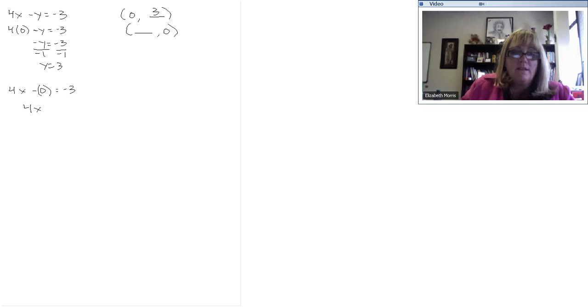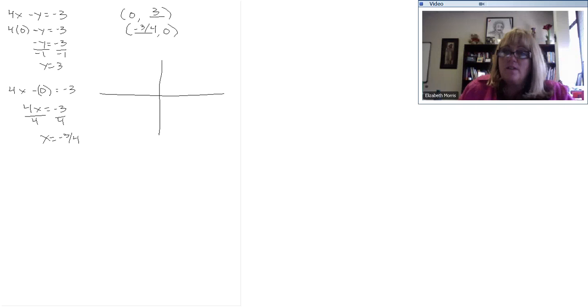So you get 4x equals -3, divide by 4, and x is -3/4. They're also going to ask you to graph it. The definition of the line is running through 2 points.